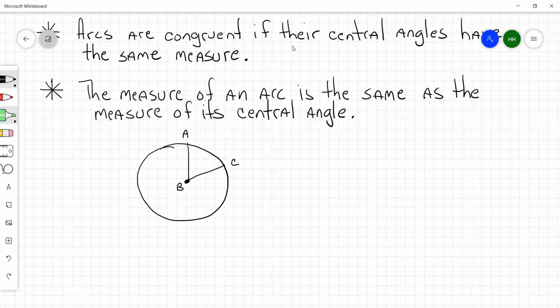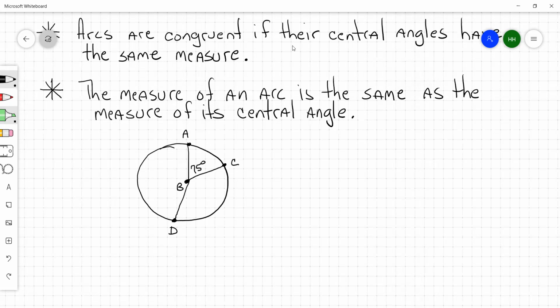And then let's go over here with D. All right, and let's say that angle ABC is about 75 degrees.